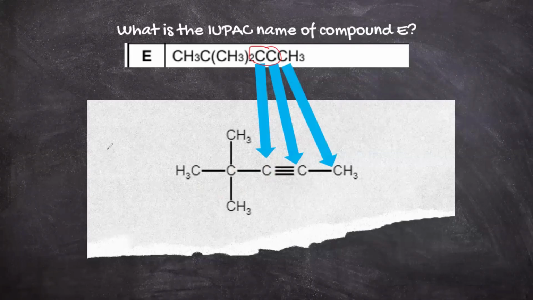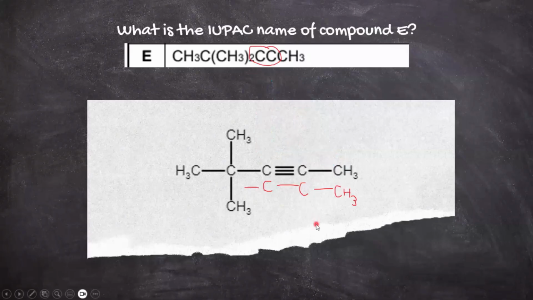Say I was doing this, and I said, okay, I've got this carbon, happy days, and I'm going to put a carbon here, and another carbon, and there's the CH3. And done. That would be incorrect, because now each of these carbons that I have here is only forming 2 bonds. I hope that's clear.